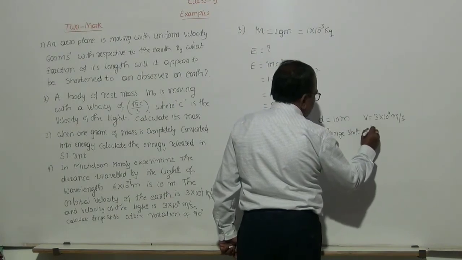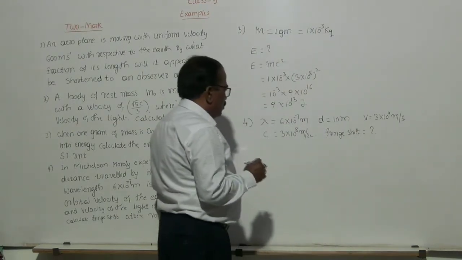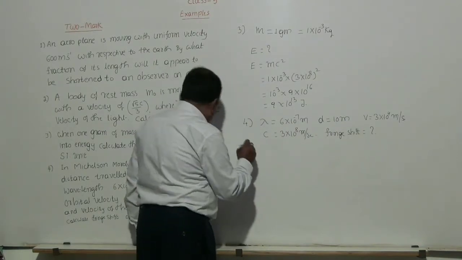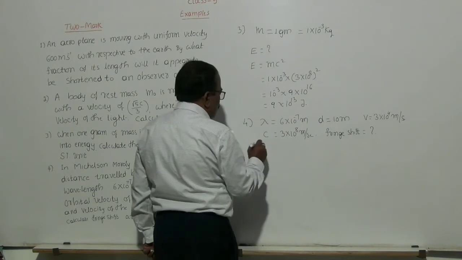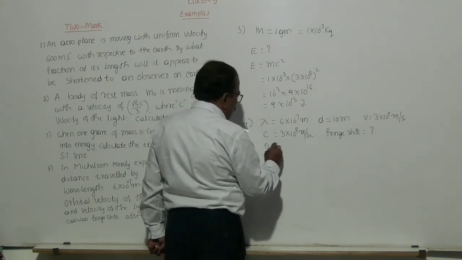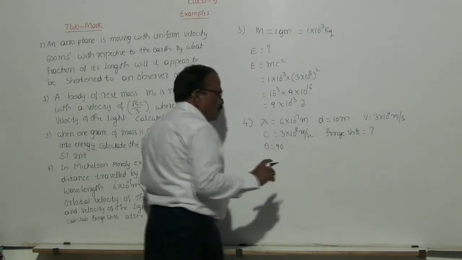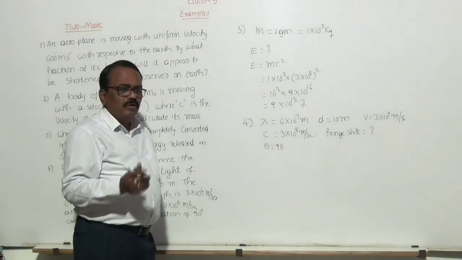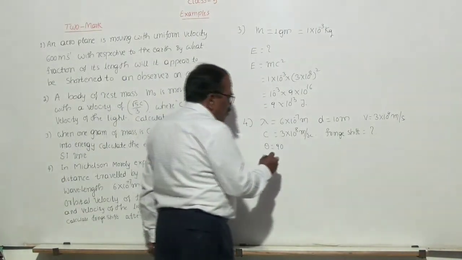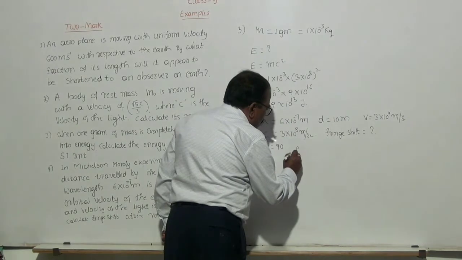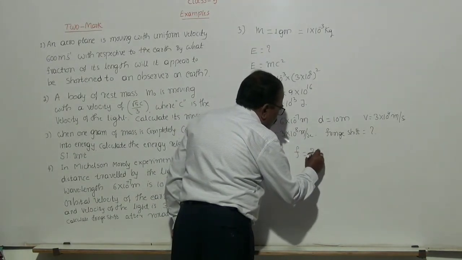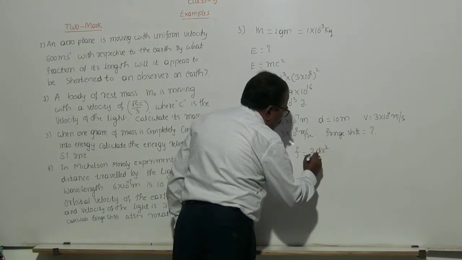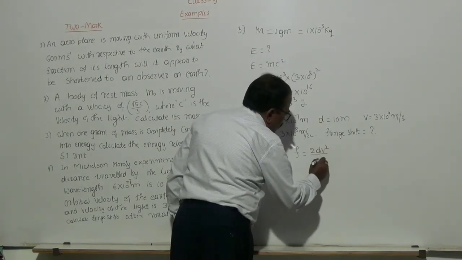You know that fringe shift after rotation through 90 degree, means theta is 90 degree. They have rotated the entire apparatus. You know that when it is rotated, fringe shift F is equal to 2 d v square upon lambda c square.